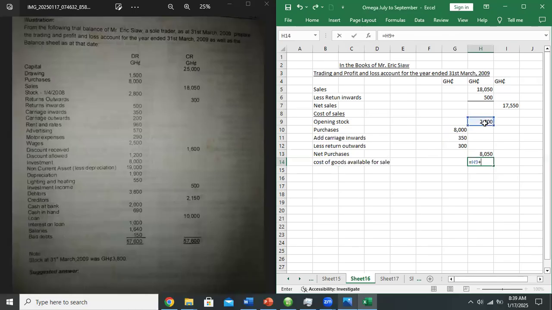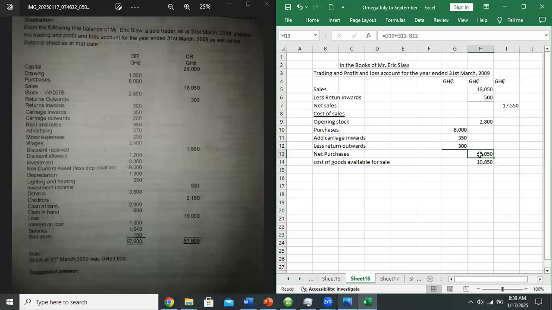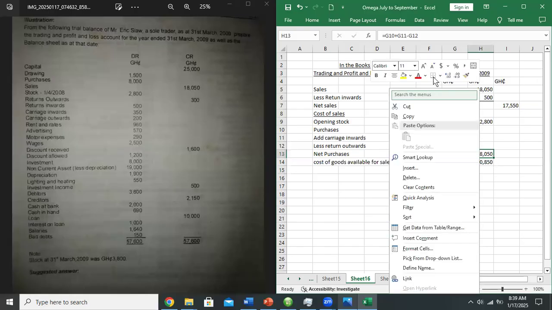Which I believe should be 10,850. So you see that when you really know the format, it is very simple. You just pick the figures, you add, you subtract, and you carry on just getting your marks easily.